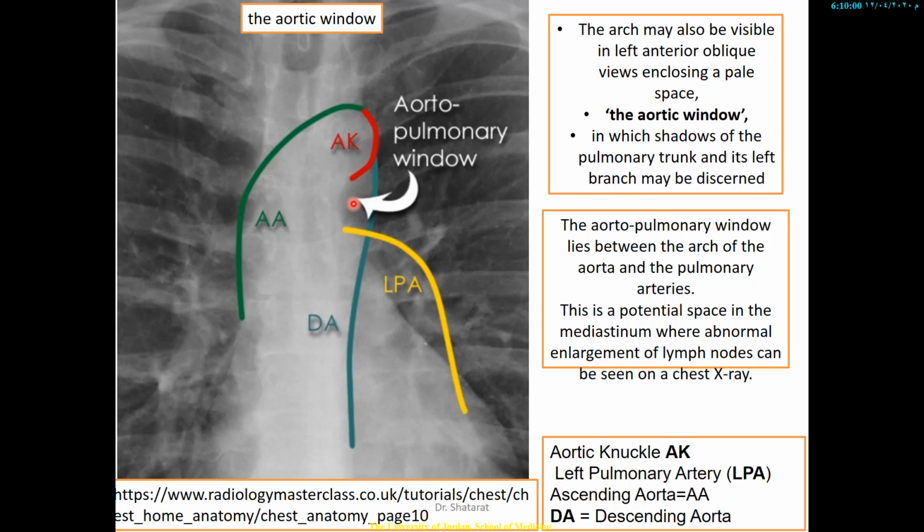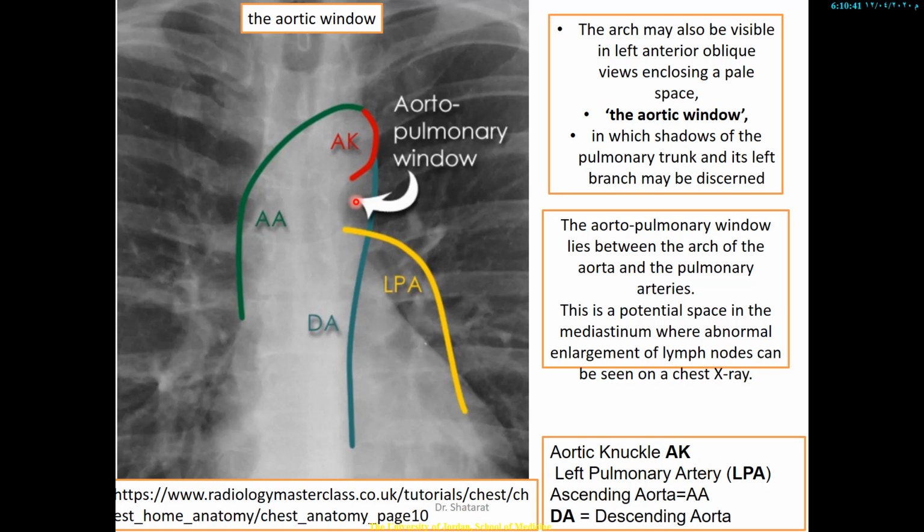As I told you, we did discuss many times the relations of the arch of the aorta, and of course I was right to focus on these relations, as they matter not only as mass effect in development of tumors in such a very narrow space, which is the superior mediastinum, but also to understand CT scans.